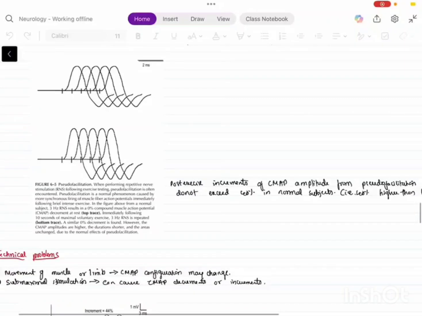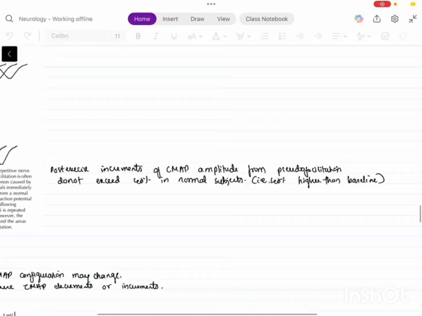Then there is a terminology known as pseudofacilitation, which occurs during the repetitive stimulation following the exercise testing. It is a post-exercise increment of the CMAP amplitude, but it does not exceed 40% in the normal subject, that is 40% higher than the baseline.